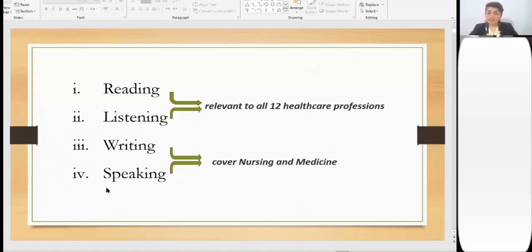But about writing and speaking, whatever we study now mostly covers nursing and medicine, while we are concentrating on medicine. So when you are writing, you are writing as a doctor, as a medical professional, not like a nurse, because it's different.